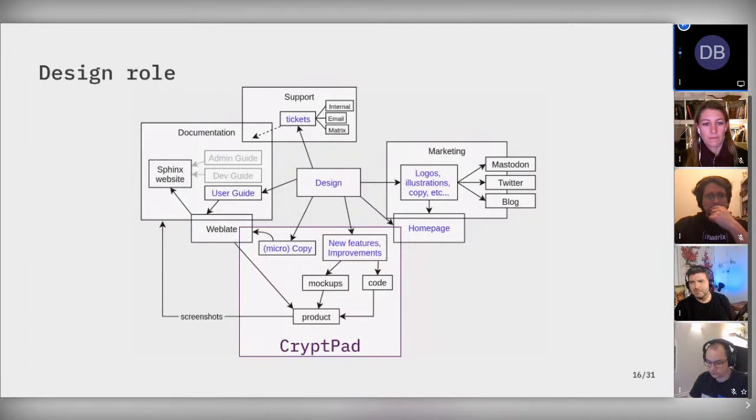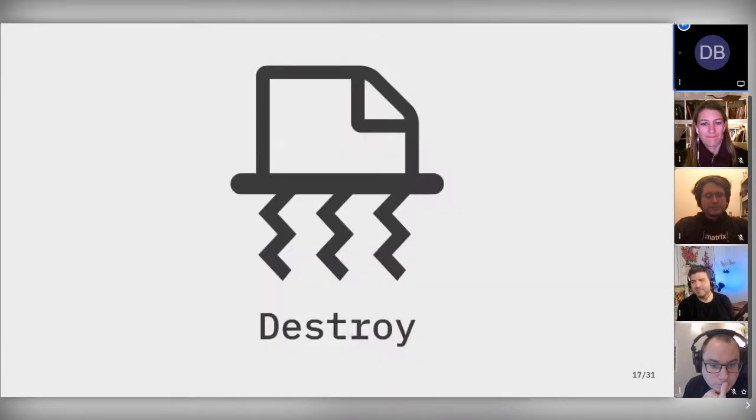It's a kind of full stack communication, which goes from little UI details like buttons, features, all the way up to logos and identity, support tickets, marketing copy, documentation, etc. So it's quite a diverse role that I'm quite enjoying, even though it could be done by a team maybe.